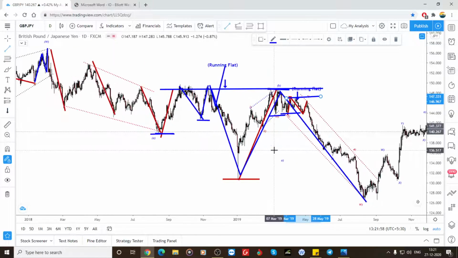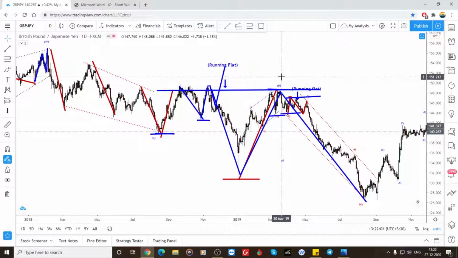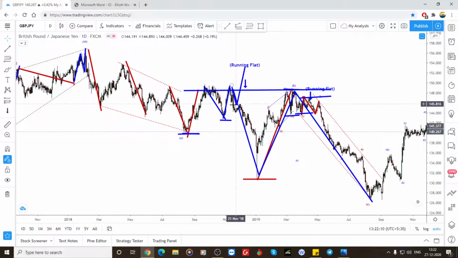So this is how I analyze and trade only the C wave in the correction. If I'm not able to catch that, I will leave that trade and go for the next trade. But without that, don't force the chart and don't enter. It has to happen like that. Don't be biased in your analysis.